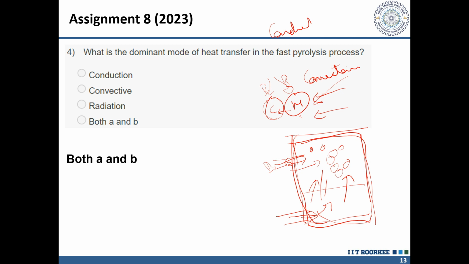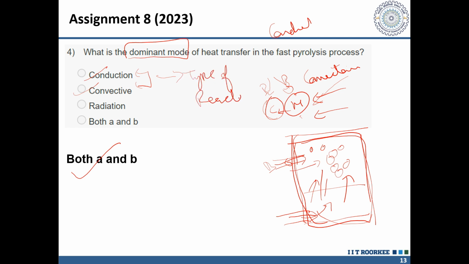Therefore, the dominant mode of heat transfer is both A and B, conduction and convection. Which of these might be more dominant depends upon the type of reactor.